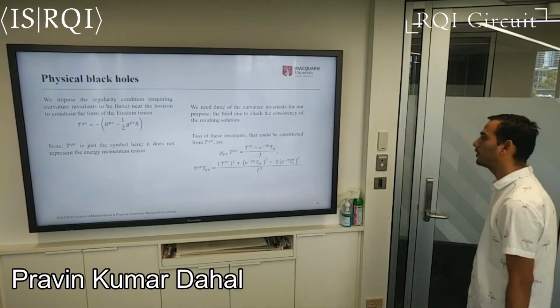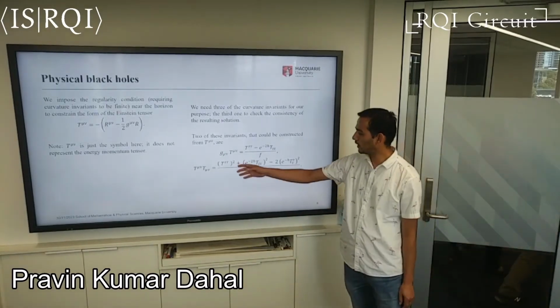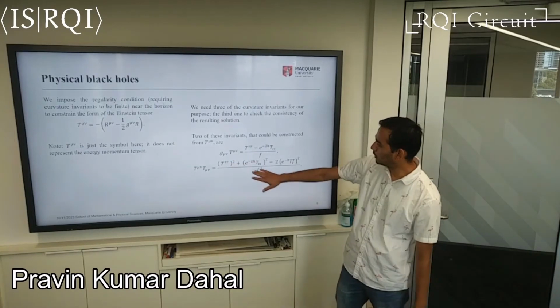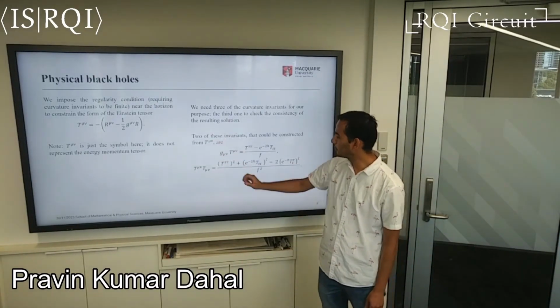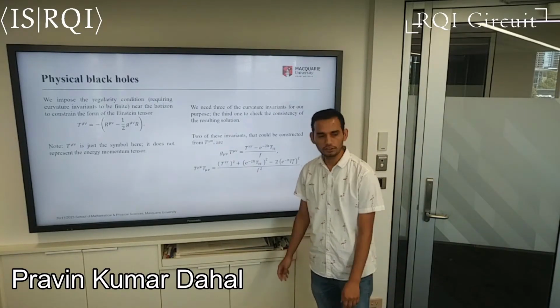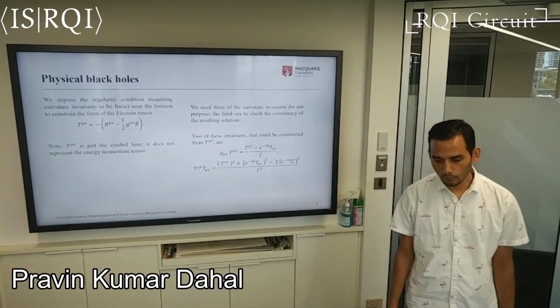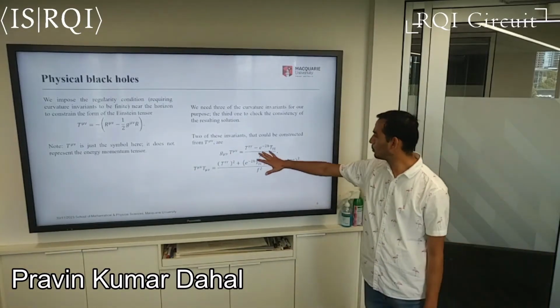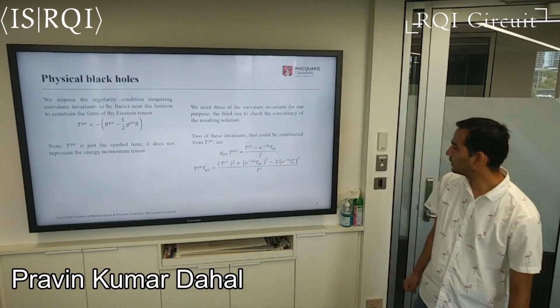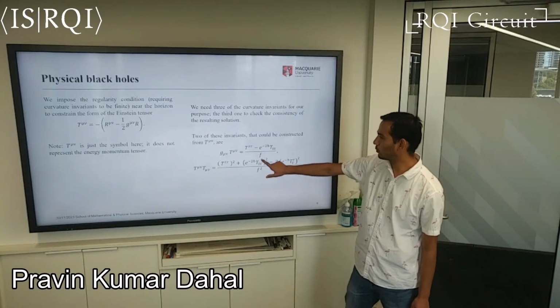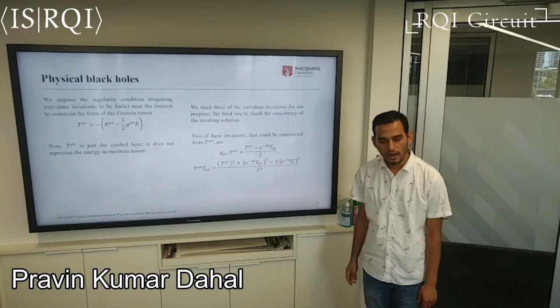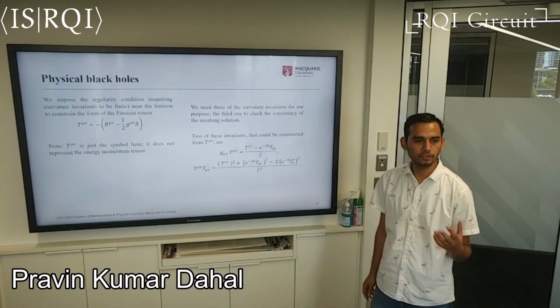Among the 3 curvature invariants, 2 of them are here. One is basically the contraction of the Einstein tensor with g mu nu, and another is its square. We can write them as individual components in these different ways. If we notice here, the denominator has quantities which go to 0 at the horizon, based on the definition of the apparent horizon.